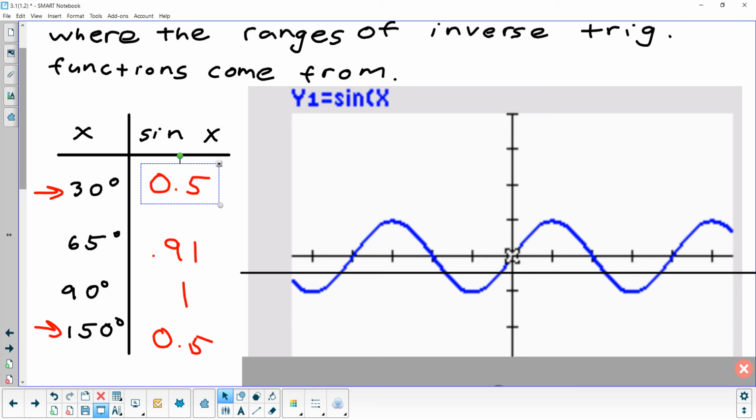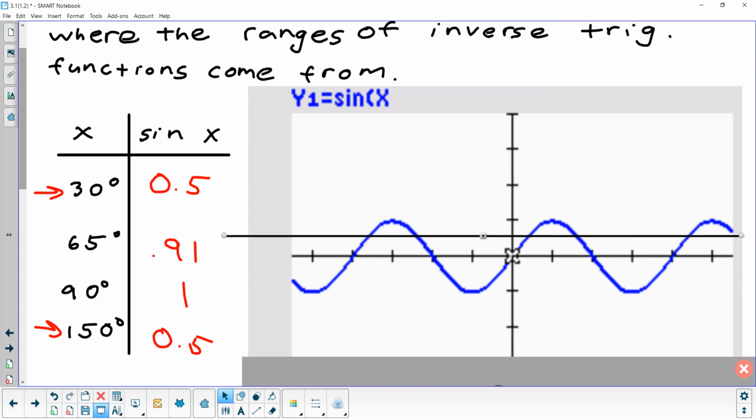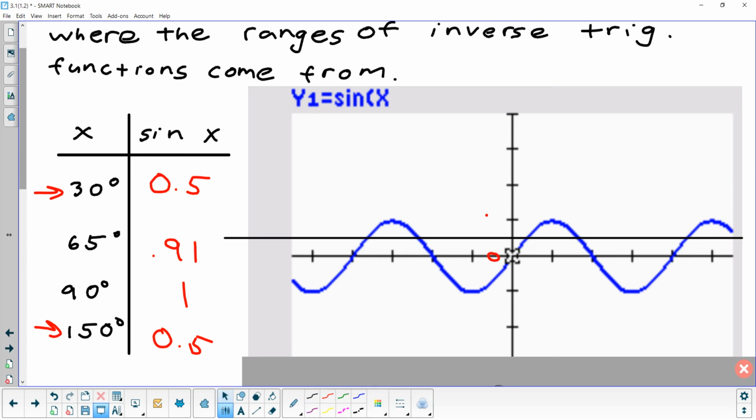It's a wave. And this black line represents a number in the right-hand column. So let me put this black line right at 0.5. That's about 0.5. This would be 0, this would be 1, 2. So I tried to put it right in between 0 and 1. And look at where the black line crosses the blue wave.